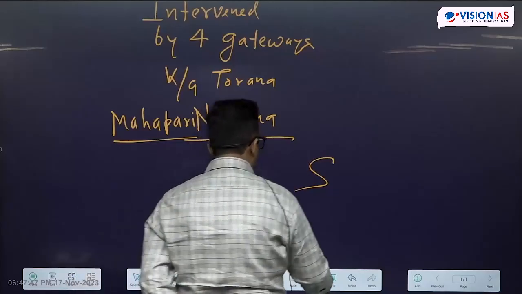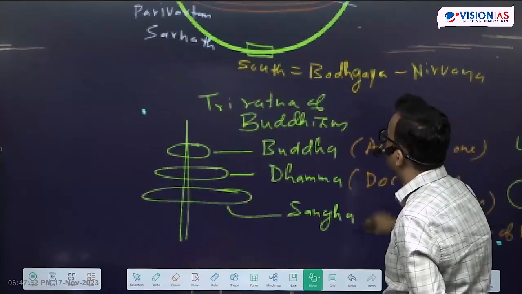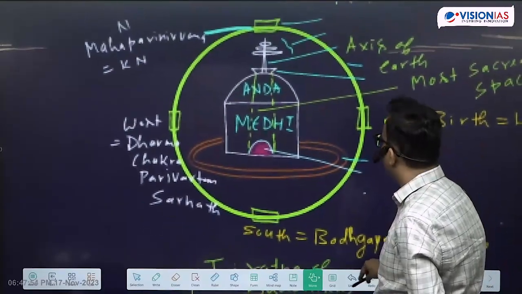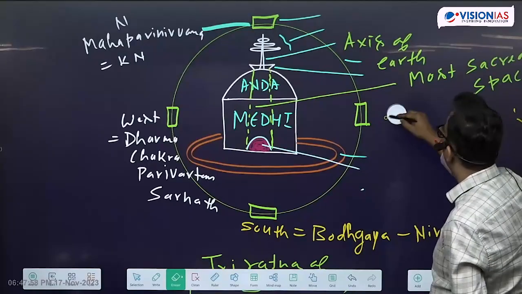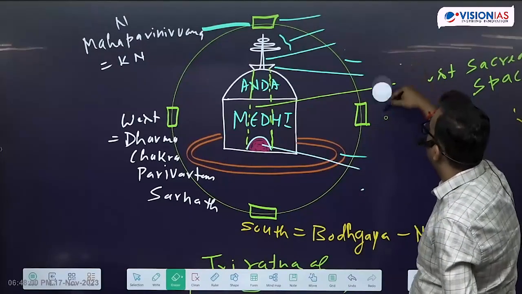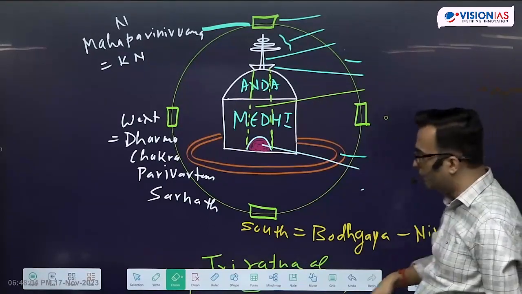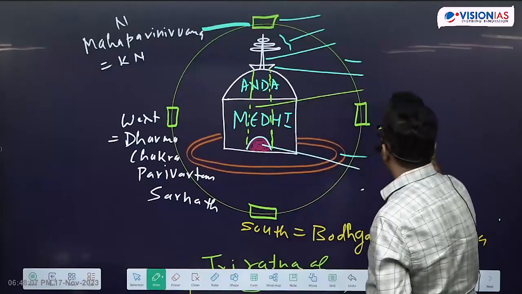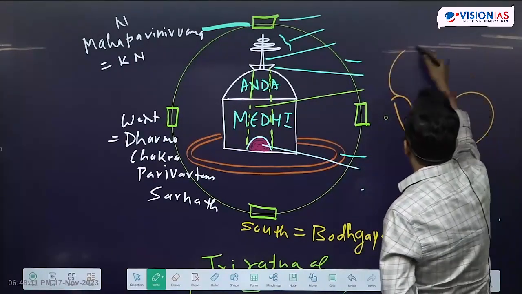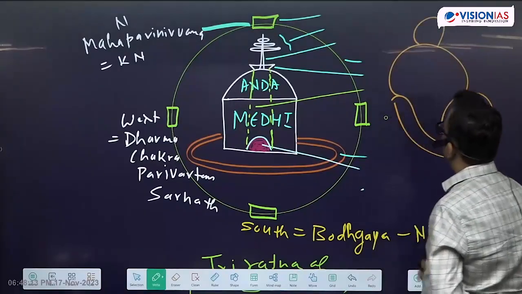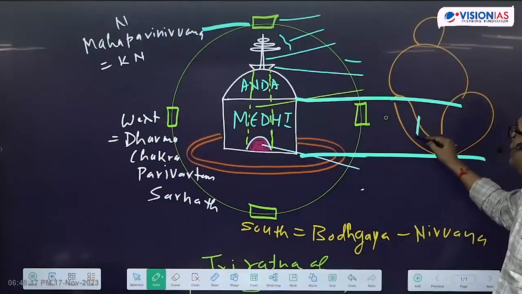So the second part is basically, we'll have to go back to the stupa structure itself. This entire stupa structure is regarded as the representation of the body of the Buddha. This is the last image that we'll be drawing. So this entire structure is regarded as the body of the Buddha. And how come? Now understand. This Medhi part is considered to be the legs of the Buddha.